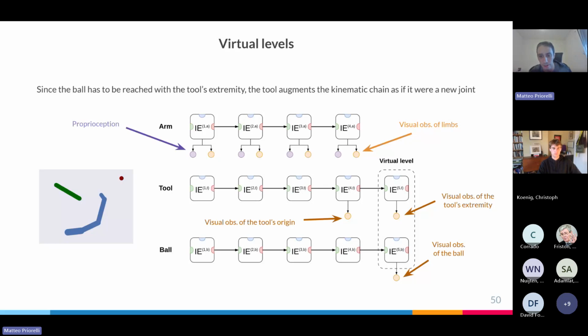This virtual level actually doesn't exist in the real generative process, but considering these two potential configurations, the tool actually augments the kinematic chain as if the tool were a new joint or an extension of the limb. In this way, the agent will think that its kinematic configuration is augmented with the tool. And you see that in fact we have the visual observations of the tool's origin and the tool's extremities at its level, considering this virtual level.